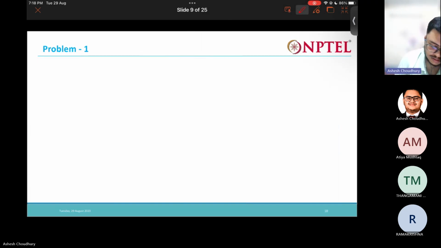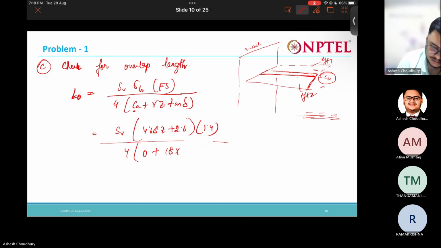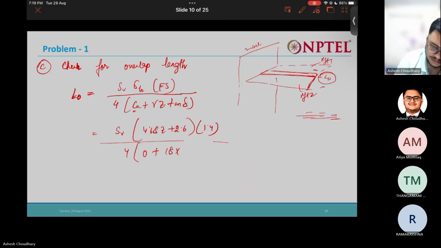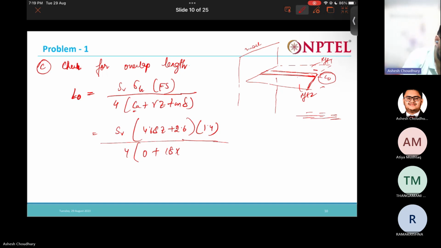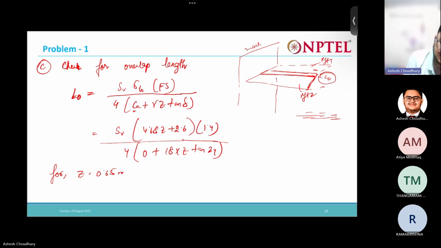So 18 into Z. Now, this overlap is actually maximum at the uppermost layer, for Z equal to 0.65 meters, because obviously as Z increases, L naught is going to reduce.